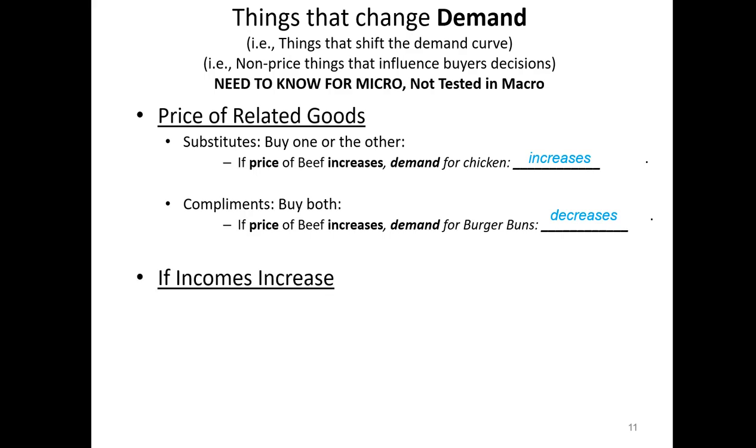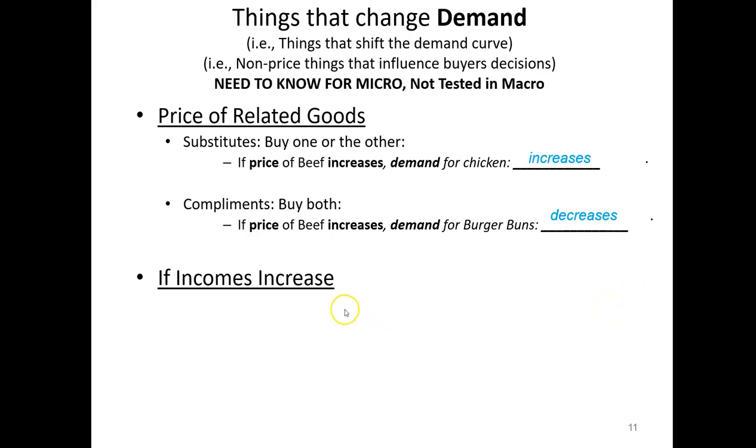Macro is sometimes logical, sometimes a little less so, because it's a complicated ecosystem. It's hard to understand when one thing happens, how that's going to cause the economy as a whole to change.